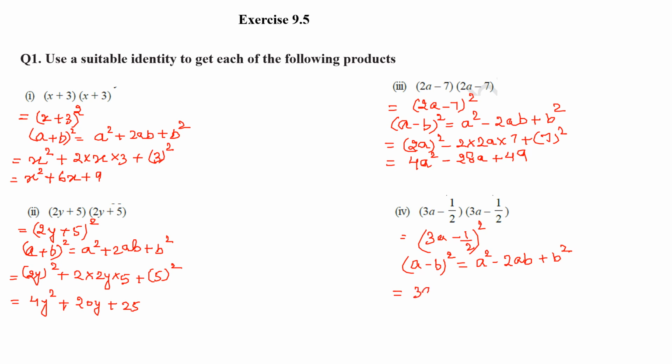So you have to write a square as 3a whole square minus 2 into 3a into 1 by 2 plus 1 by 2 whole square. Now 3a whole square will give me 9a square. Now here 2 and 2 cancel, minus 3a plus 1 by 2 whole square is 1 by 4. 1 by 2 square means 1 by 2 into 1 by 2, which will give me 1 by 4. We will move to next question.